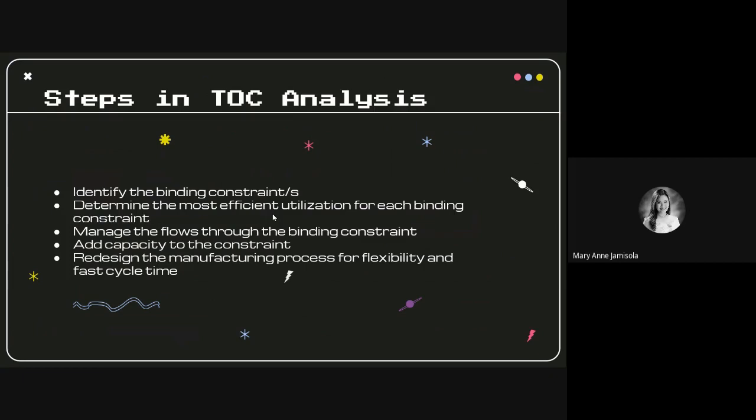So that is a constraint. What if we want to produce more, but our current machines are not capable of producing more? That is a constraint. So we add capacity, add new or improved machines. Or if our constraint is we lack the necessary workforce, we can add new employees. Then the last step is to redesign the manufacturing process for flexibility and fast cycle time.